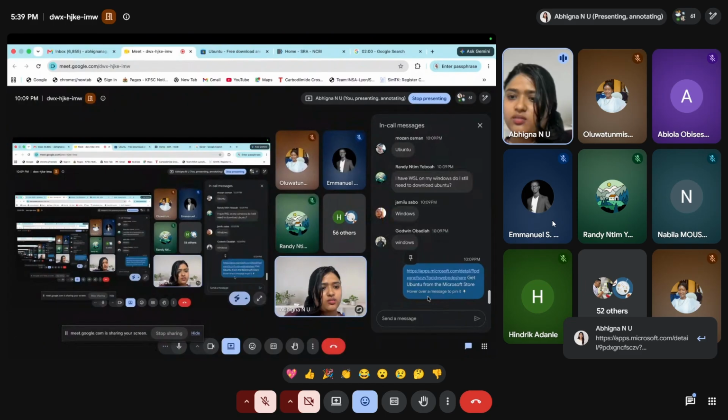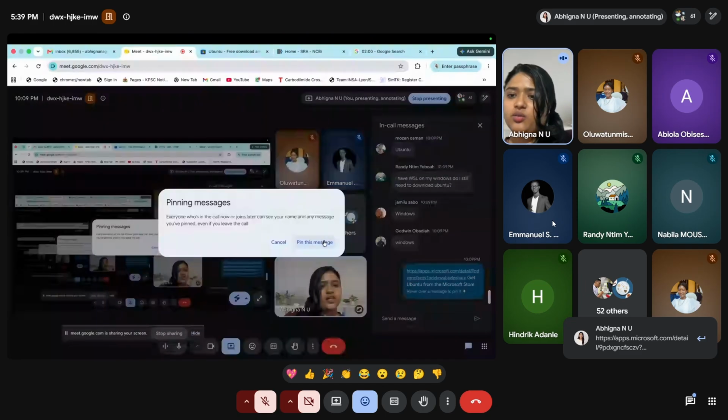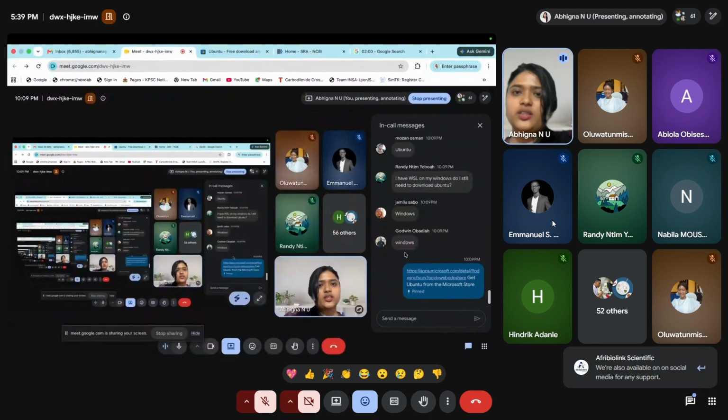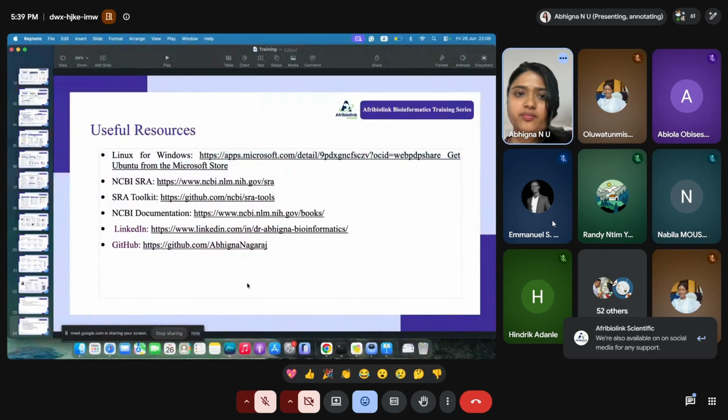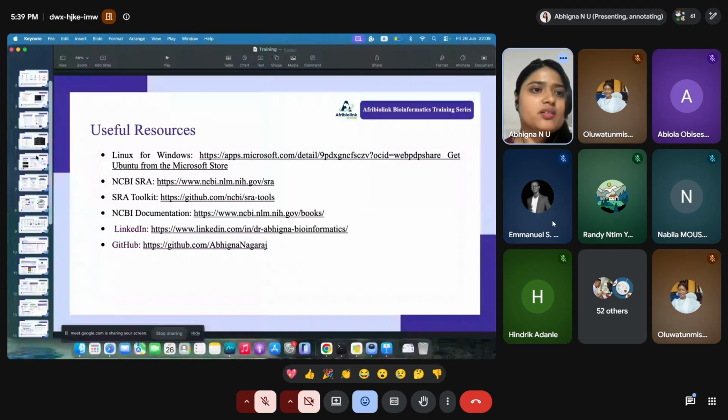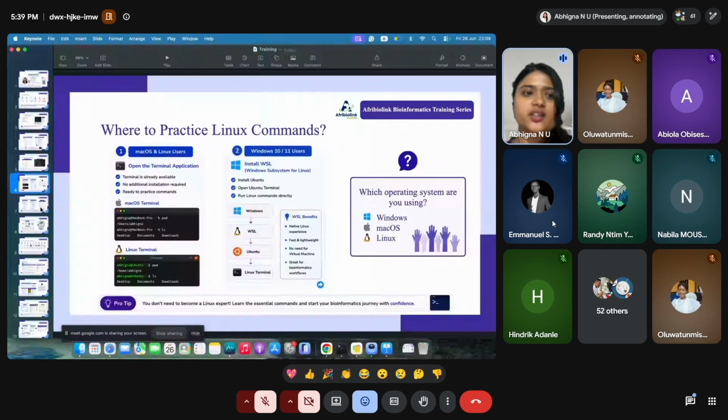Who all are using Windows, please use this link, download it and keep it ready for the hands-on sessions. As many of you are using Windows, please download it and keep it ready.